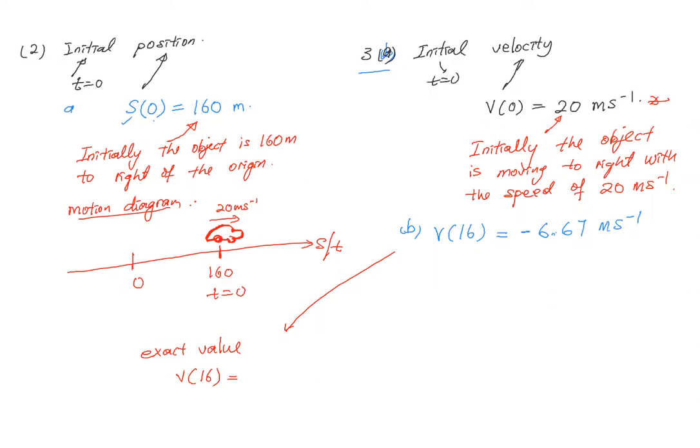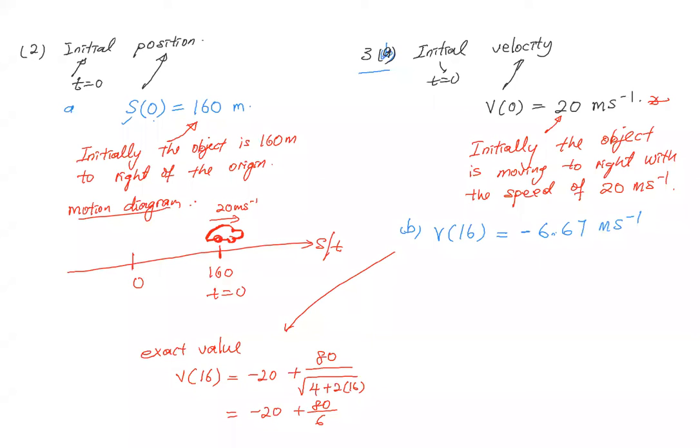Which is negative 20 plus 80 divided by square root of 4 plus 2 times 16. So you get negative 20 plus 80 divided by 6.